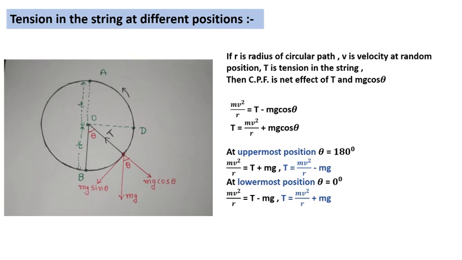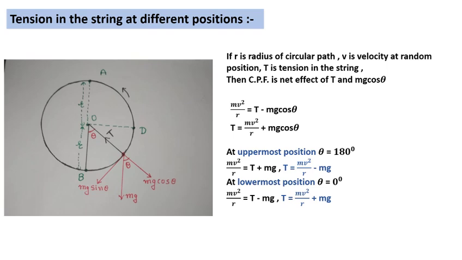Now if we talk about specific positions: at the uppermost position where theta is equal to 180 degrees, cos 180 is equal to minus 1. So at the topmost position, mv square upon r is equal to T plus mg, or tension in the string T is equal to mv square upon r minus mg.